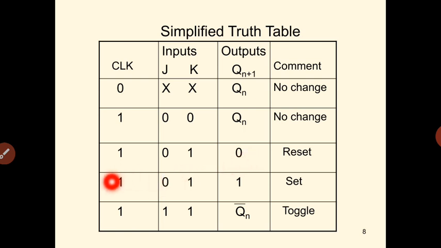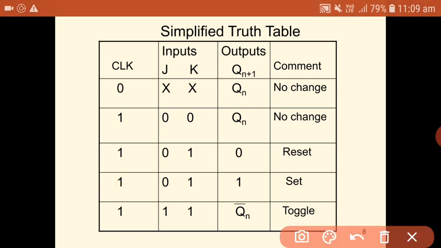And then next, whenever clock is applied and for j equal to 1 and k equal to 0, please correct this one, it is not j equal to 0 and k equal to 1, it is for j equal to 1 and k equal to 0. So whenever j is equal to 1 and k is equal to 0, the present output will be equal to 1, which is independent of its previous output.